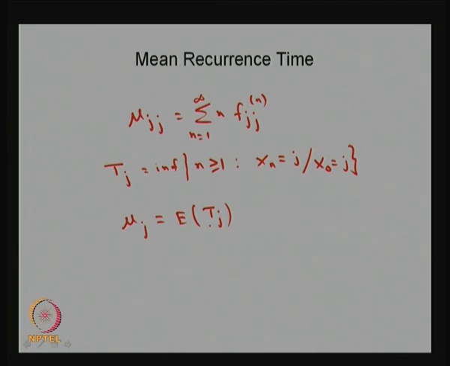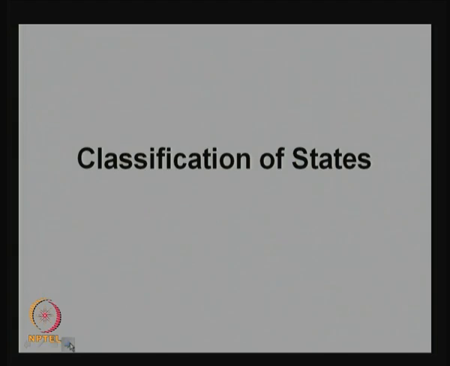Now, we are going for the actual classification of a state using the concepts of accessible, communicate, closed set, then communicating class, then we have defined the first visit, then we have defined the mean passage time or mean recurrence time or mean first passage time.